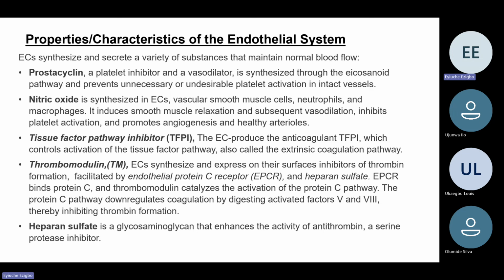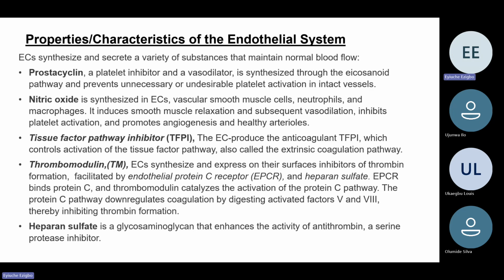Also, the endothelial cells form a physical barrier, separating procoagulant proteins and platelets in blood from collagen in the internal elastic lamina that promotes platelet adhesion, and the tissue factor in the fibroblasts and smooth muscle cells that activate coagulation.